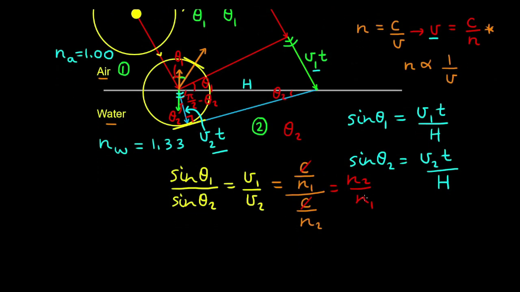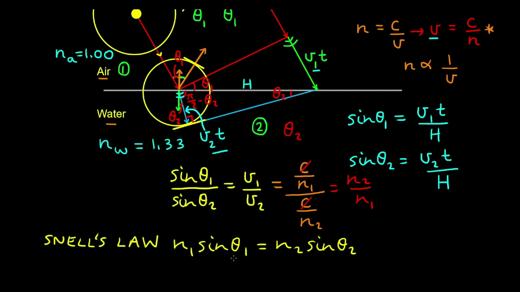So finally multiplying through by n1 and sine theta 2, we get n1 sine theta 1 equals n2 sine theta 2. And this is called Snell's law, which relates the angles of incidence and refraction of a light ray that's passing from one medium into another to the indices of refraction of medium 1 and medium 2.